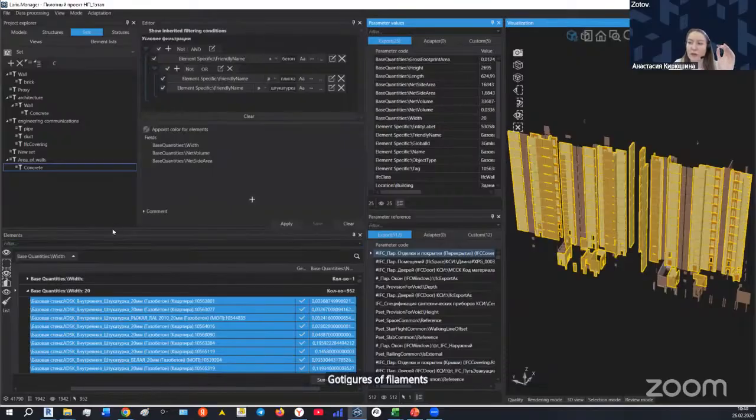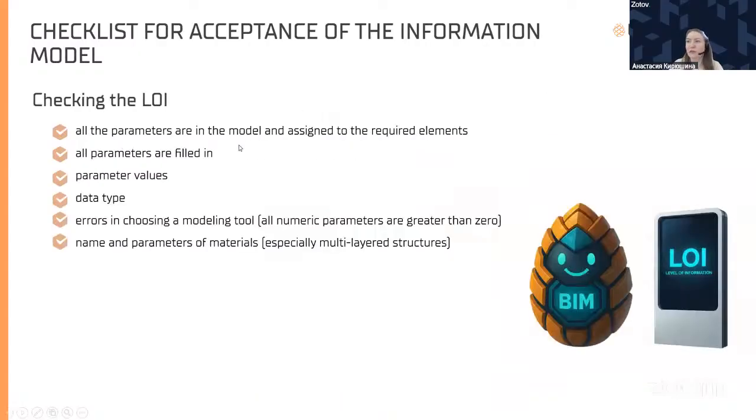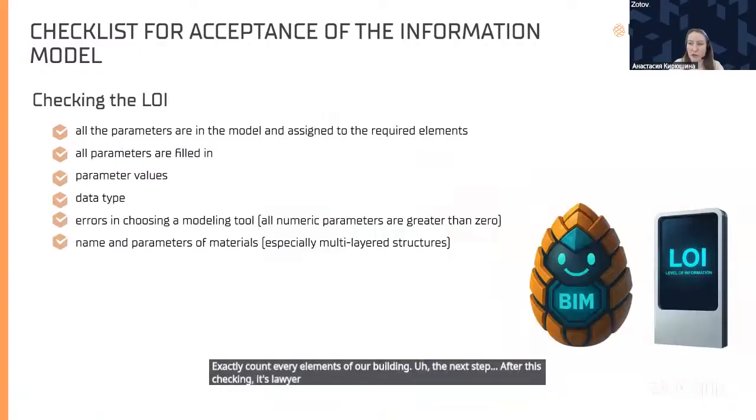So here they don't lose anything and exactly count every element of our building. The next step after this checking is LOI, level of information.